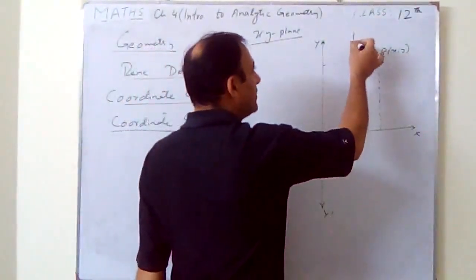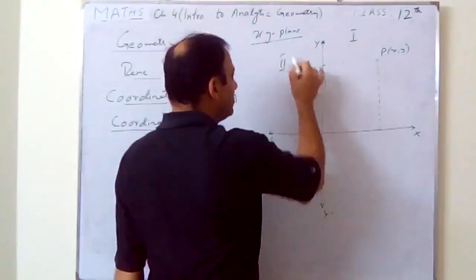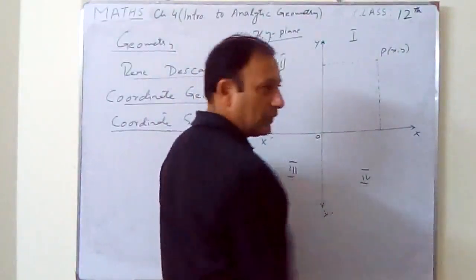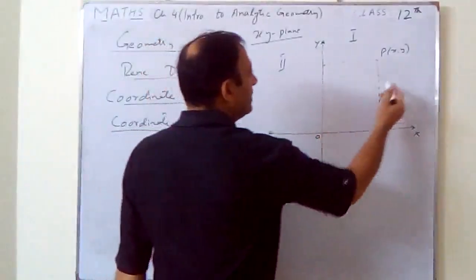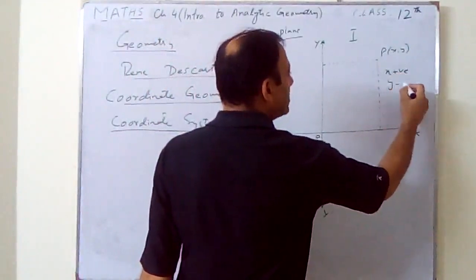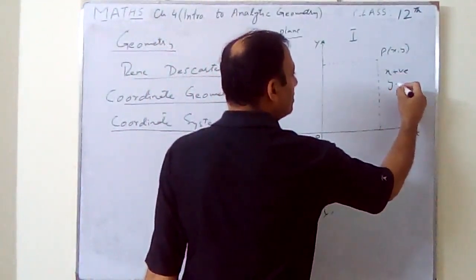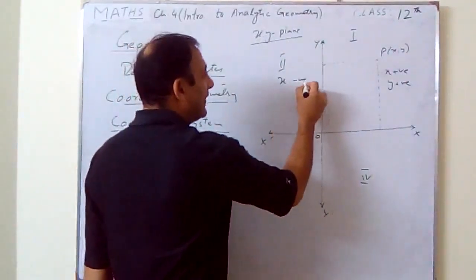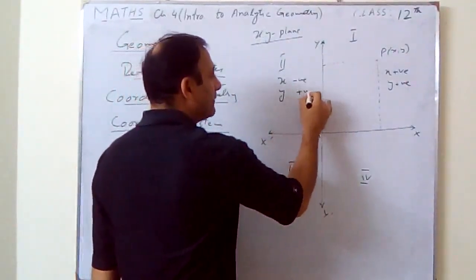This is the first quadrant, second quadrant, third quadrant, and fourth quadrant. In the first quadrant, x is positive, y is also positive. In the second, x is negative, y is positive.